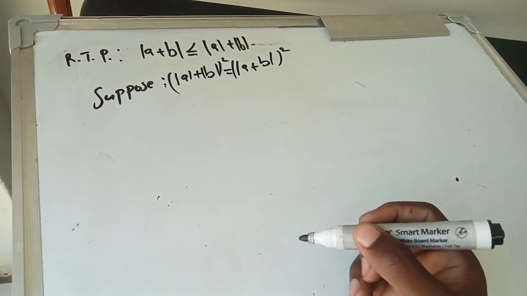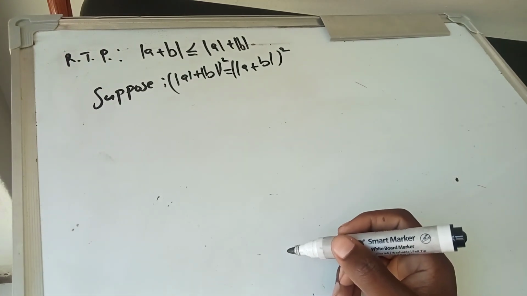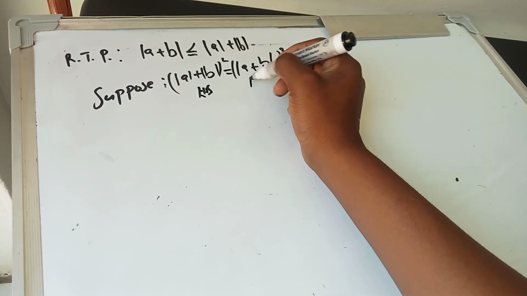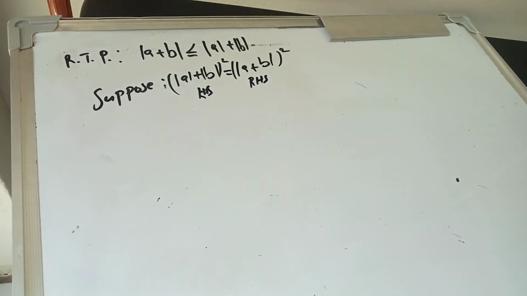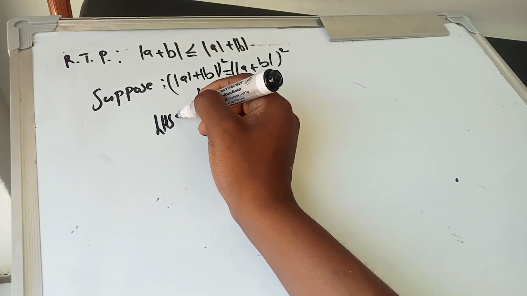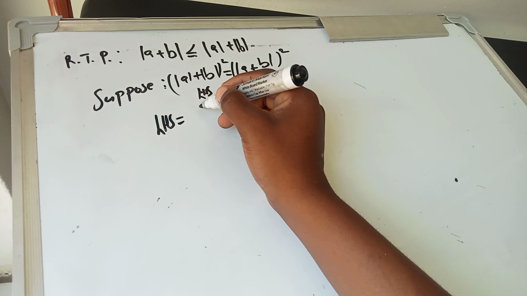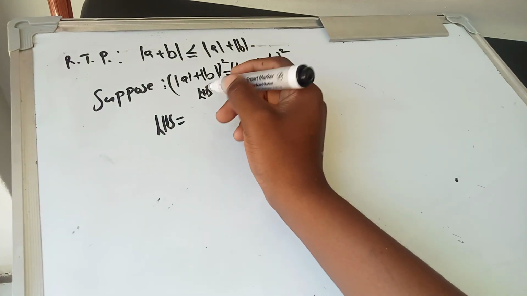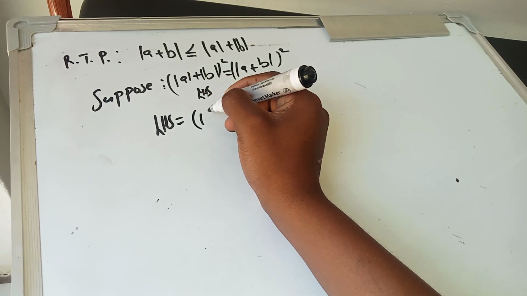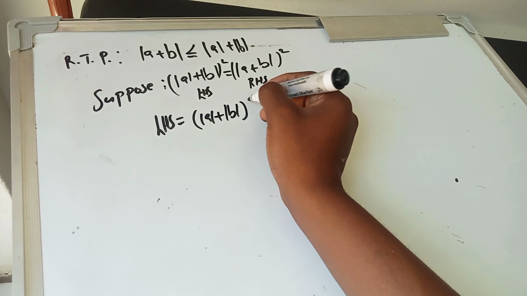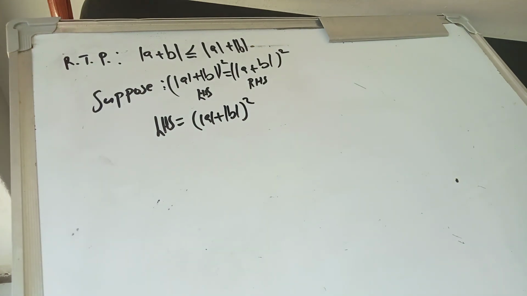Now let me make this my left hand side and this my right hand side. Let me take my left hand side, which is the absolute value of a plus the absolute value of b, all squared.